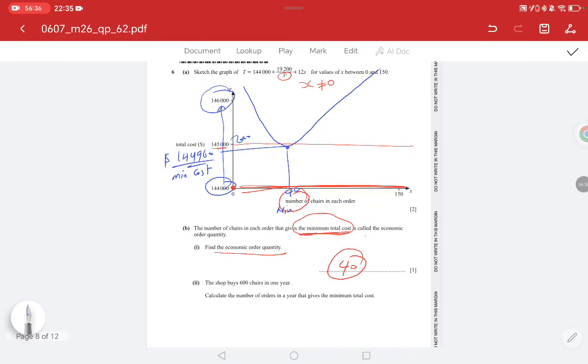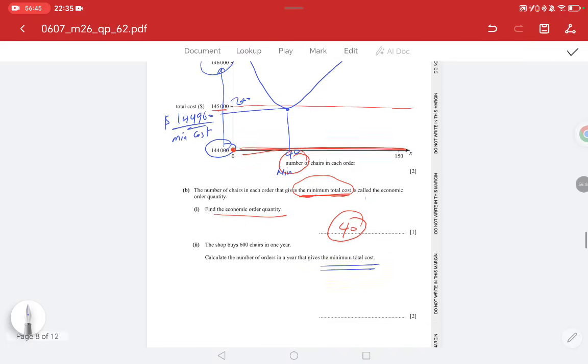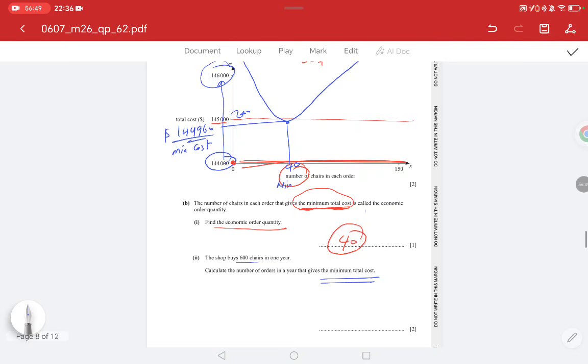The shop buys 600 chairs in 1 year. Calculate the number of orders in a year that gives the minimum total cost. So if the shop buys 600, calculate the number of orders.